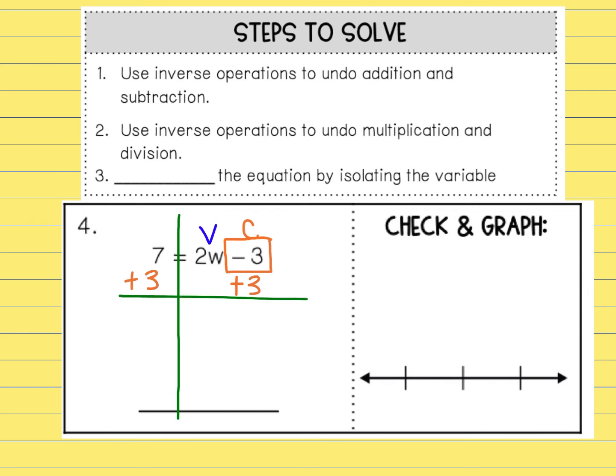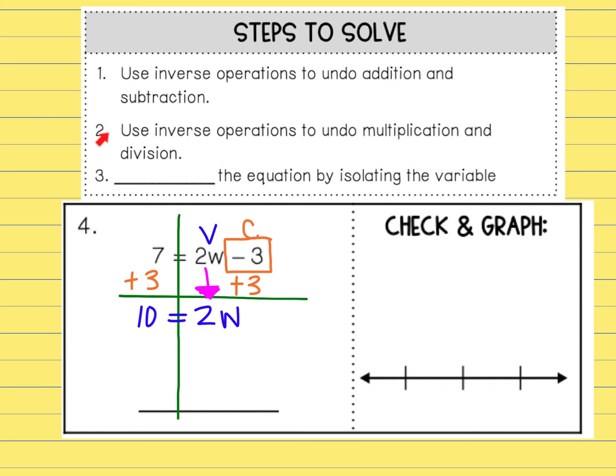Now when I combine those, minus 3 plus 3, or negative and positive, they cancel each other out to be 0. On the left side, I have 7 plus 3. That makes 10. So now I have 10 equals. I can bring down my variable with its coefficient, 2w. 2w means multiplication.